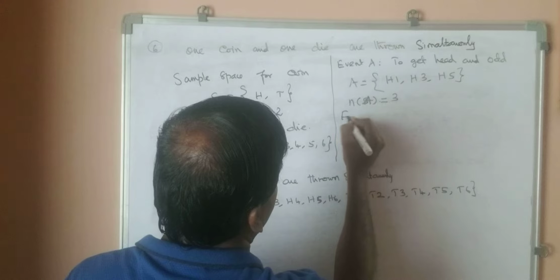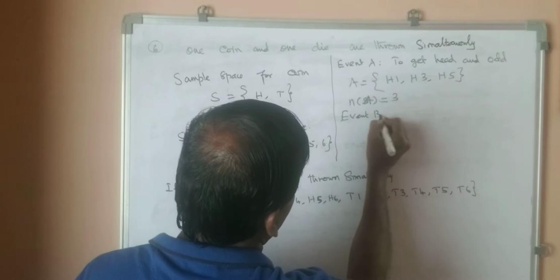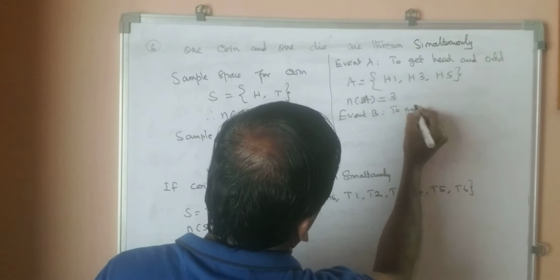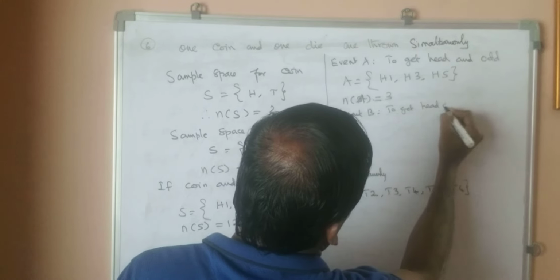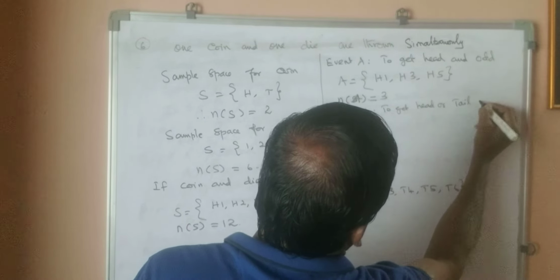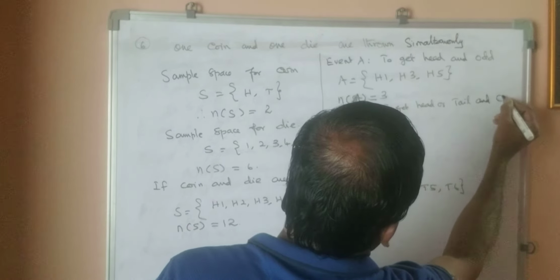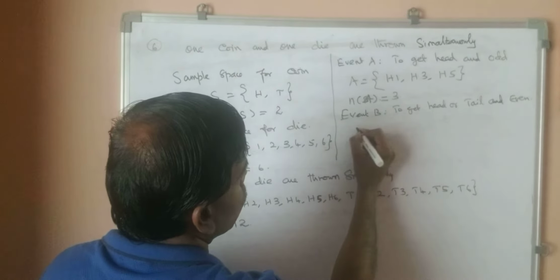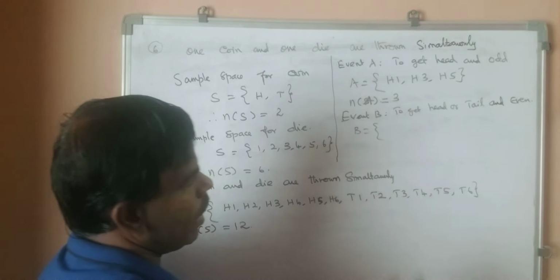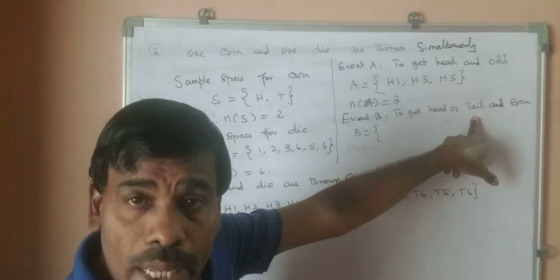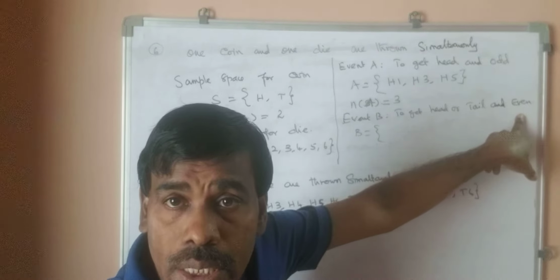See, this is different. To get head or tail and even number. So, see, head will do, tail will also do, but along with that what should there be?